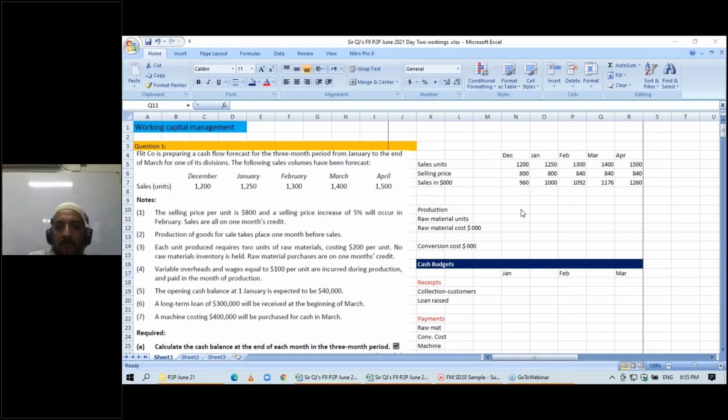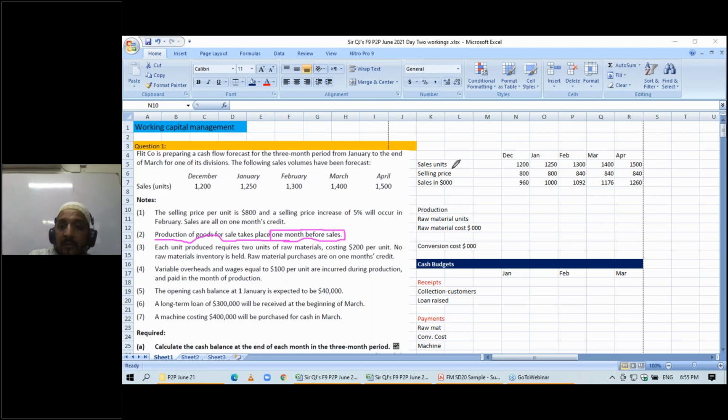Now, production. According to the question, please note this point. This is very important over here. It says that note number 2, production of goods for sale takes place 1 month before the sales.